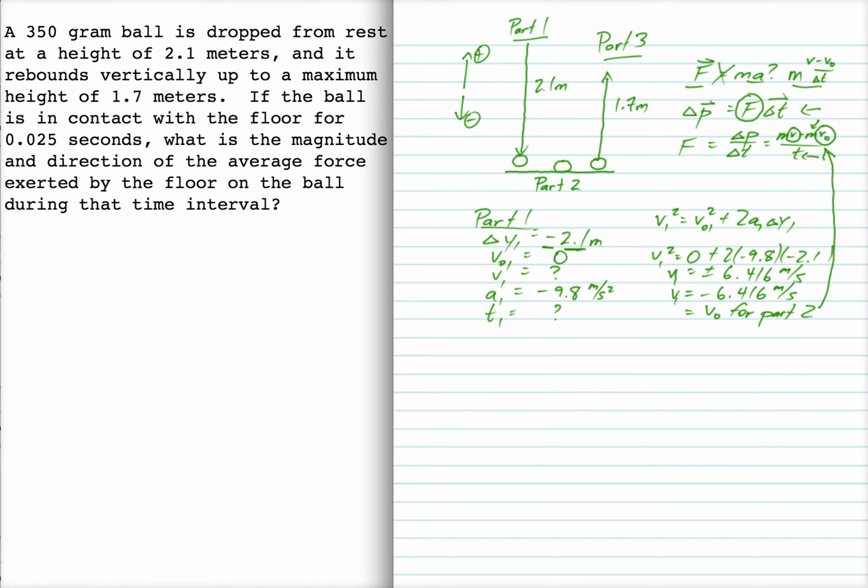Now let's do part 3, which is the upward motion. So it goes up 1.7 meters and reaches a maximum height, so the final velocity is 0. It still has a negative acceleration, of course, because it's in free fall. So let's see, v3 squared.